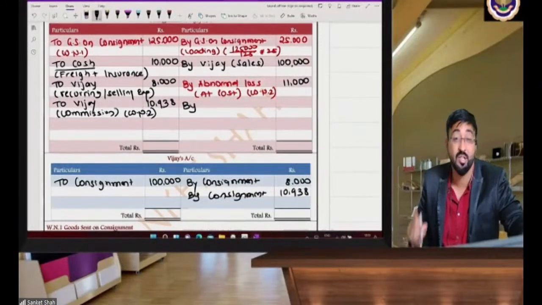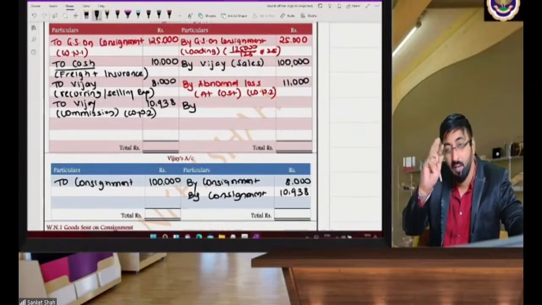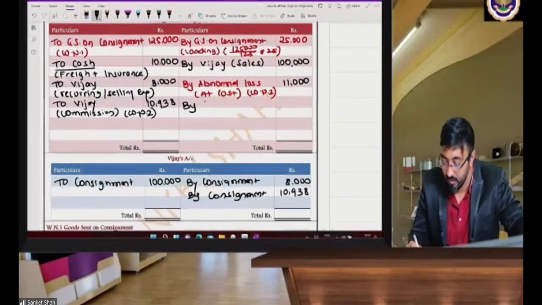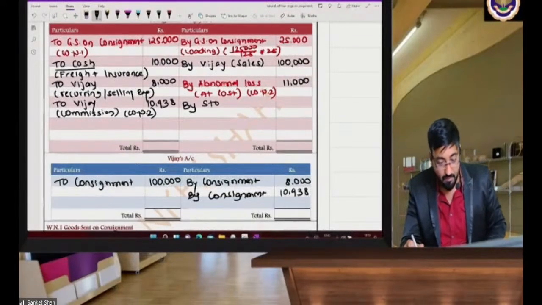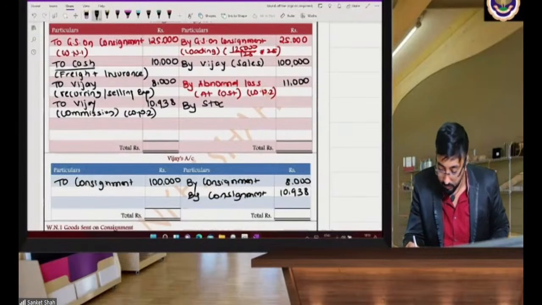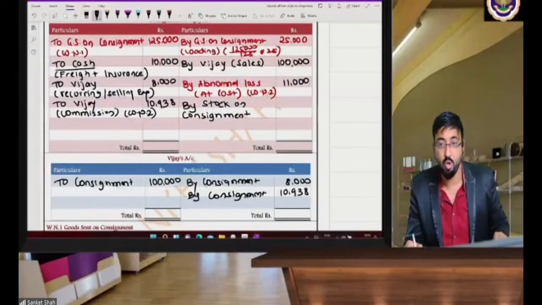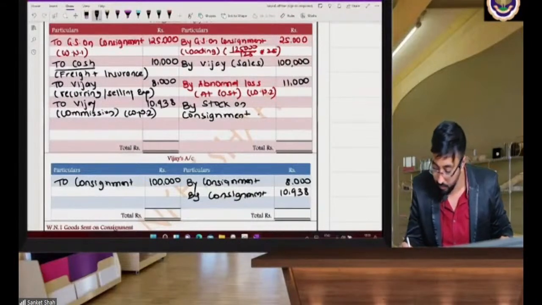And last adjustment, only 5 minutes, 3 minutes patience, only 3 minutes. Buy stock on consignment. Working note number 3.